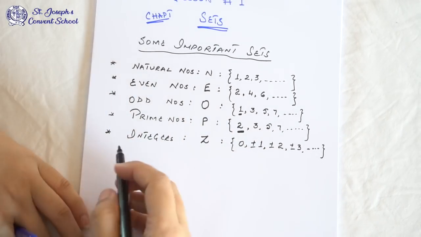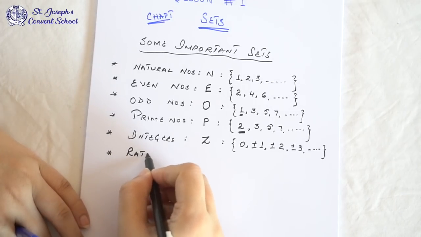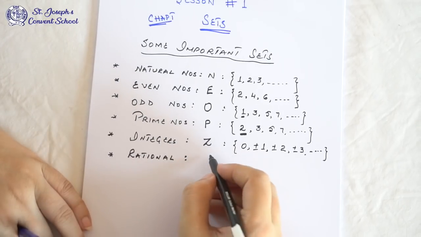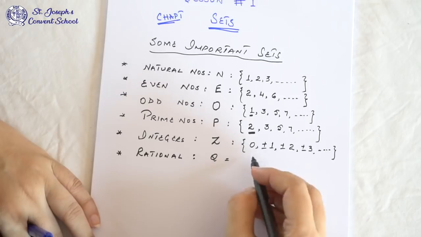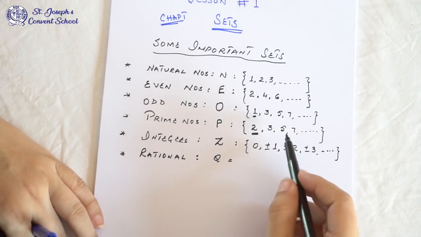Then there are rational numbers and irrational numbers. Rational numbers cannot be written in tabular form. We represent rational numbers by Q. So you cannot represent them in tabular form, in which we write numbers.